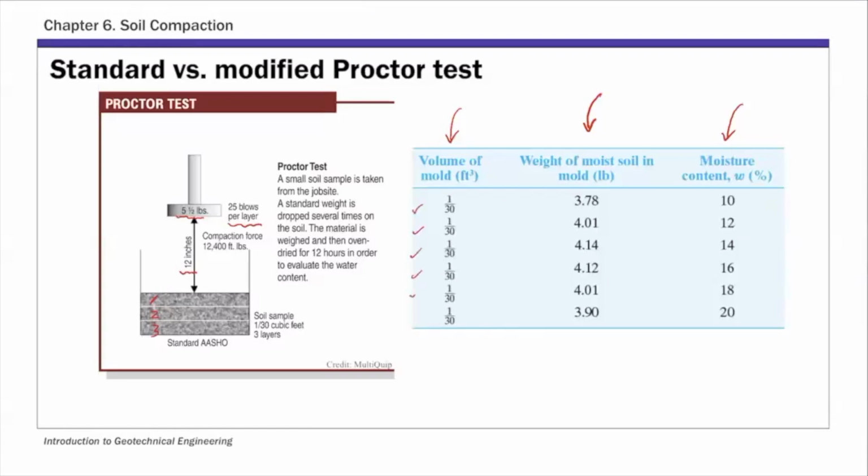So you prepared 6 soil samples, each with different moisture content, and compact these 6 soil samples. So you have this table here. Again, this is something you're going to do in the lab next week. You're going to perform this test, and this is the data you're going to get from a compaction test. So that's the standard Proctor test.